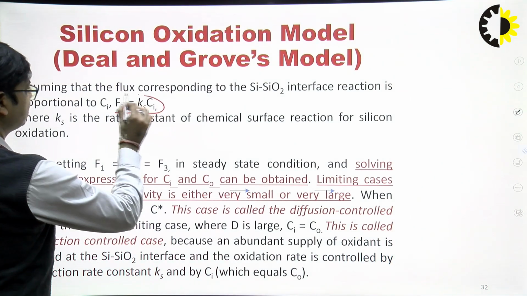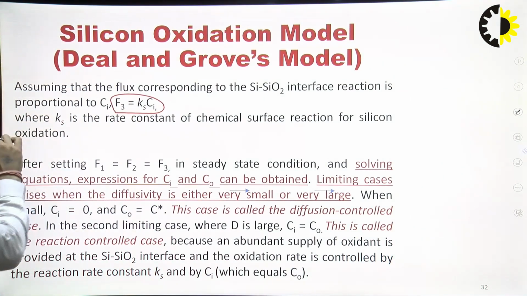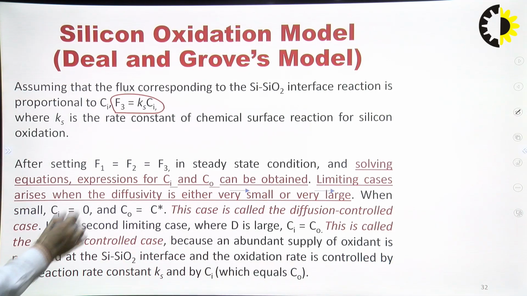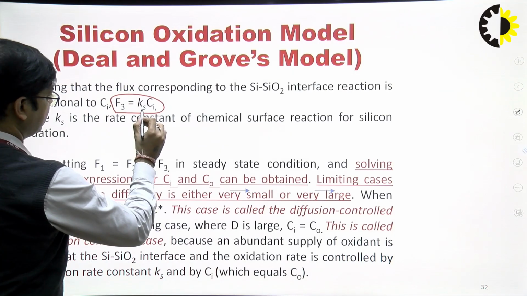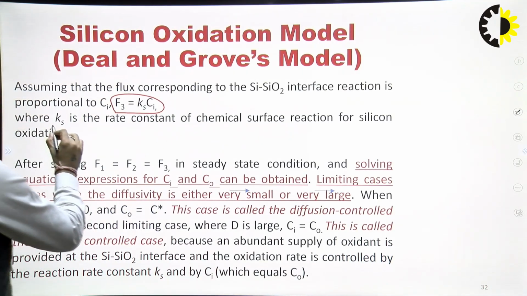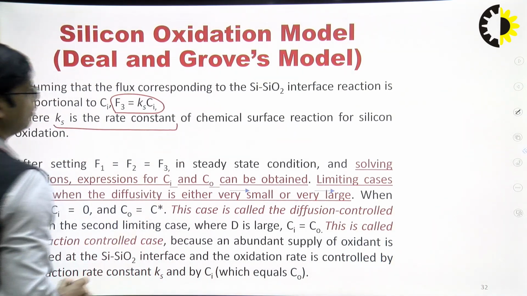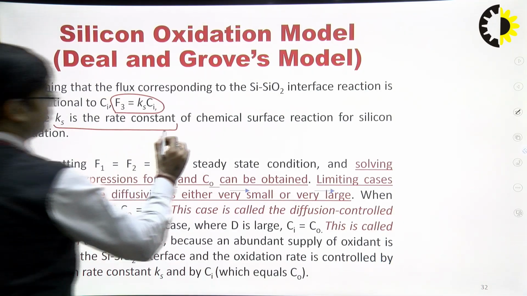Now the flux F3, that is the reaction rate at the silicon and silicon dioxide interface, is given by Ks into Ci, where Ks is the rate constant of the chemical surface reaction.